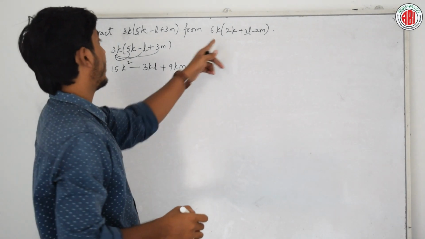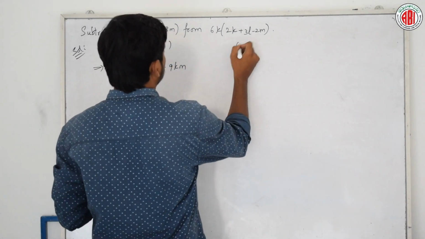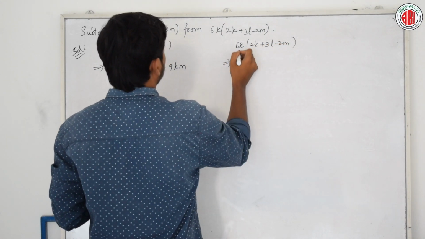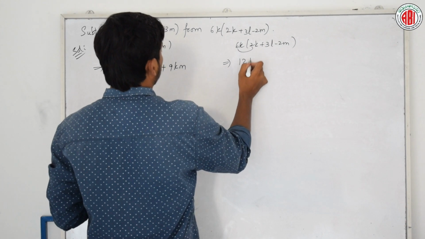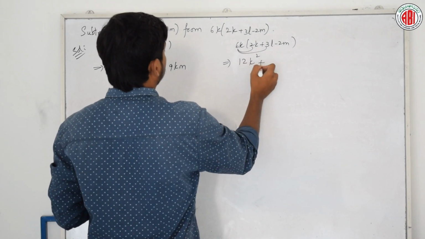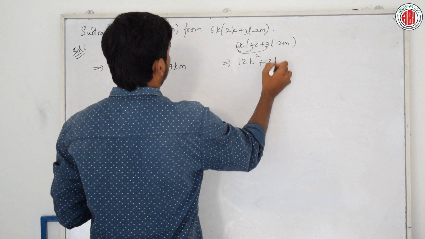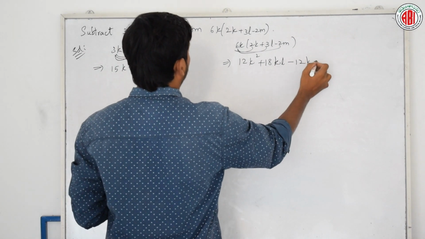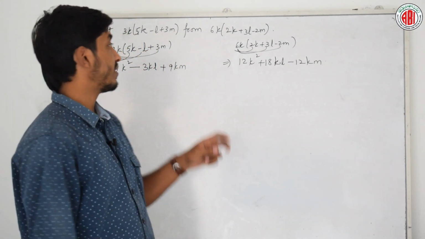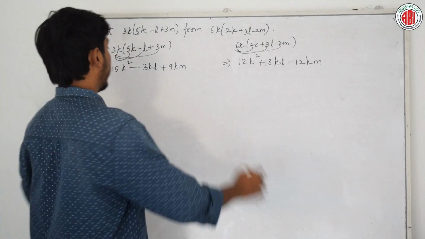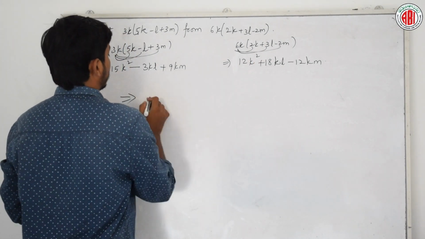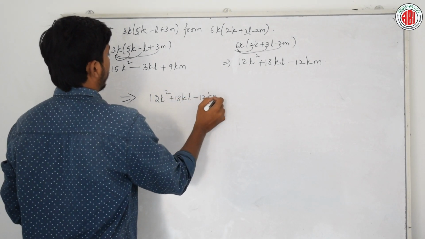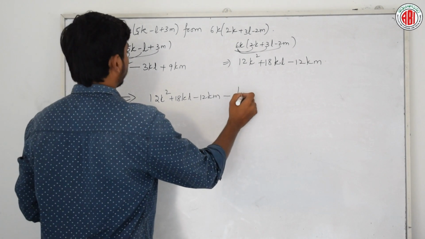Is it clear? Similarly, the second term, that is 6k into 2k plus 3l minus 2m. Let us multiply 6k into 2k. 6 2s are 12, k into k is k square. And next 6 3s is how much? 18 k into l, minus 6 2s are 12 km. We have to subtract this from this. First we have to write this term minus this term.